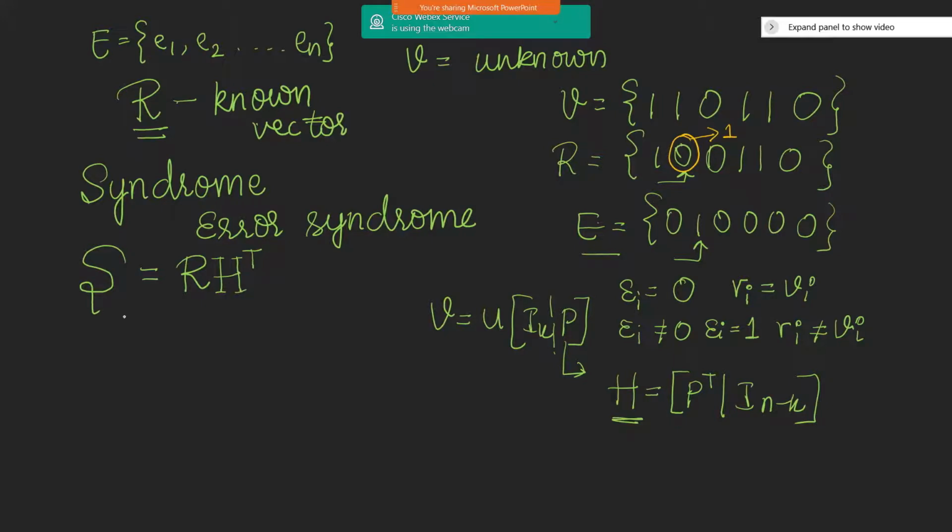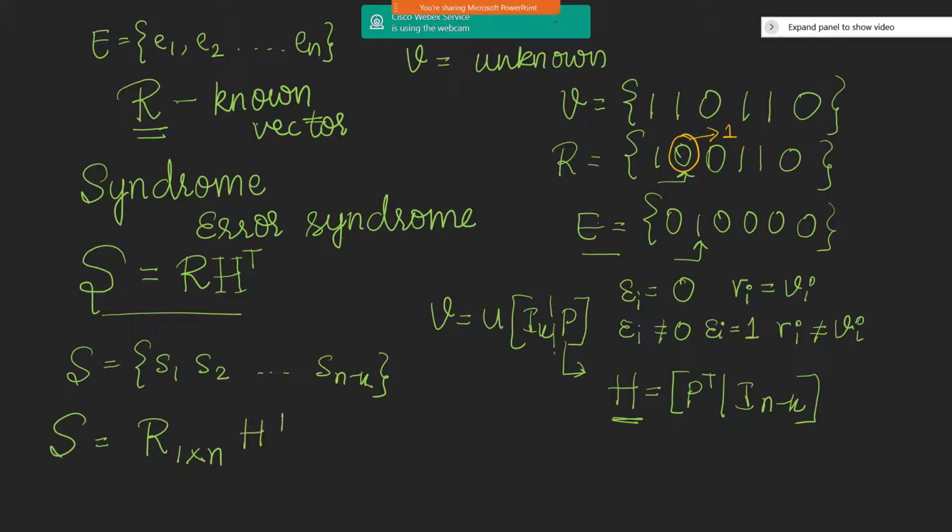So let us see what is the significance of this syndrome. This syndrome is basically an n minus k bit vector. How is that? R is an n bit code word, so it will be of size 1 cross n. H, as we know, has the parity part P of size n minus k cross k, and I of n minus k is of size n minus k cross n minus k.